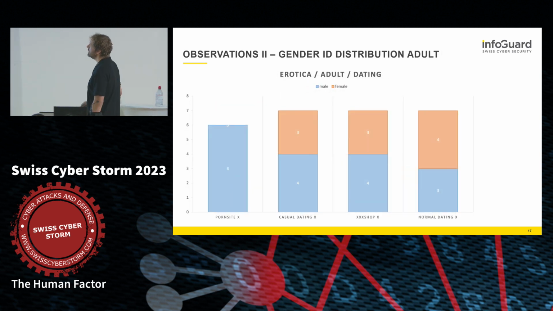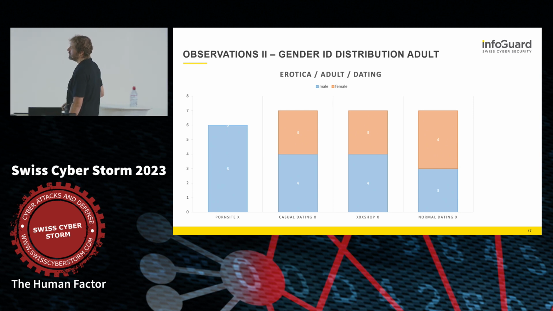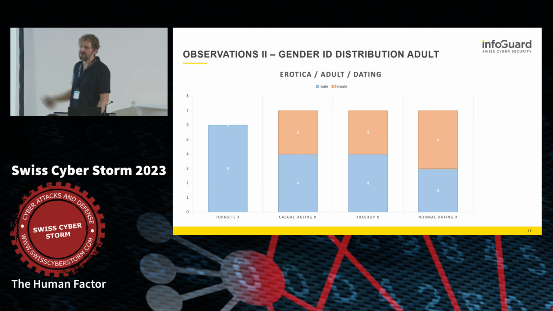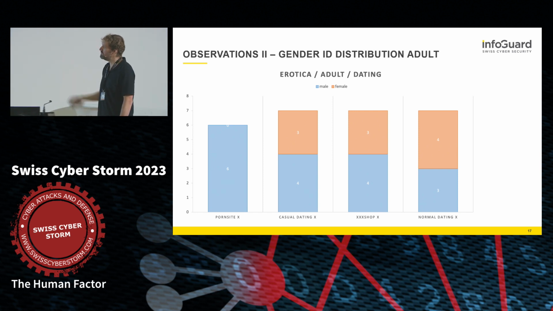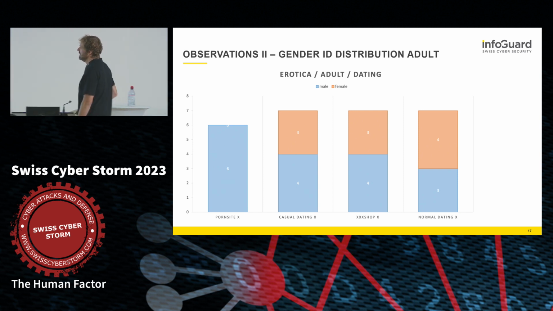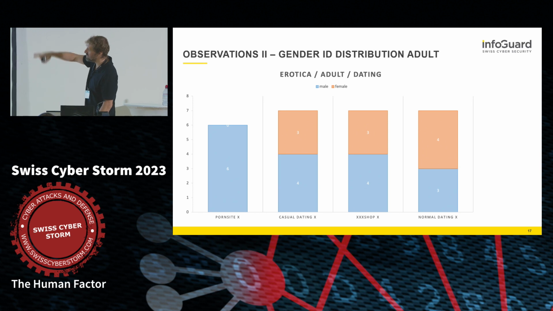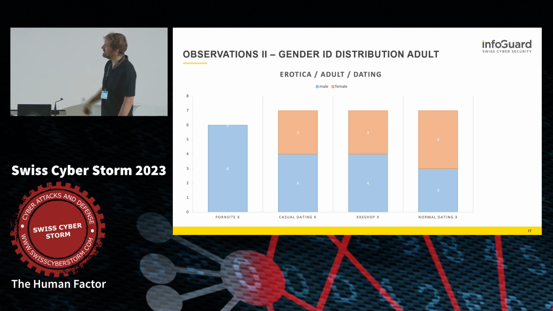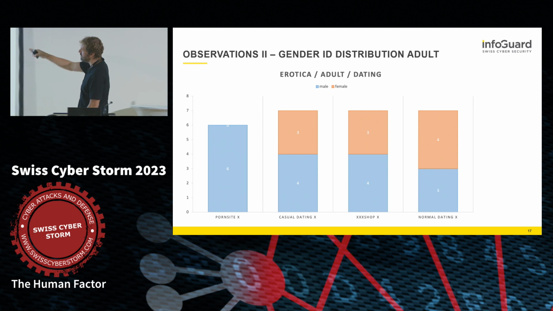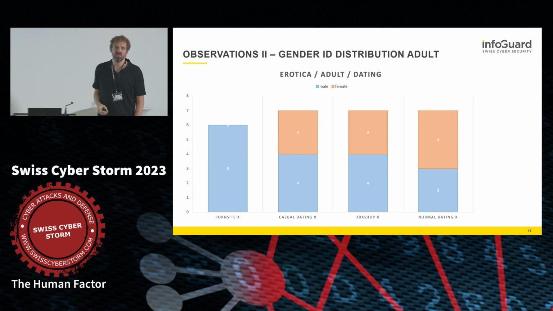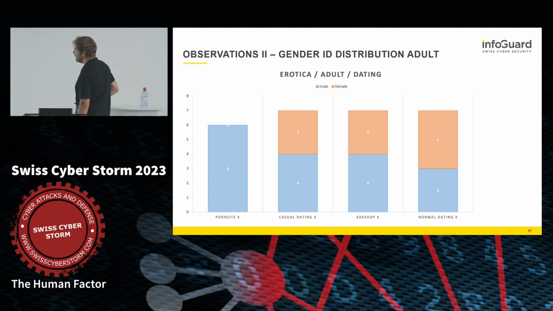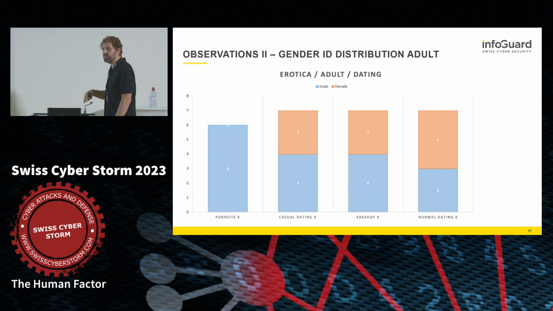Now, if you go into the adult corner, you can see, for example, this porn site is male dominated. Then casual dating is again a little bit more on the male identifying side, and here the shop with toys also, and then the normal dating is again a little bit more evened out. But what's also interesting here is that we have much fewer registrants in total, right?